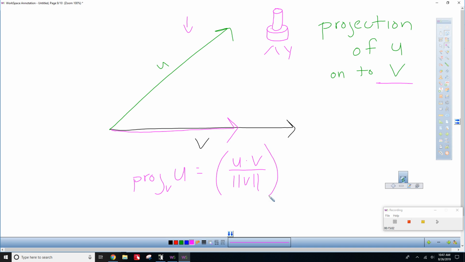So it's like a compatibility number divided by the entire length of the V vector, and then you multiply that thing by the actual vector V. So it's important, just like we see in our picture, the projection of U onto V is a vector. It results in a vector. And that purple vector tells us how much of the green vector is traveling in the black direction.